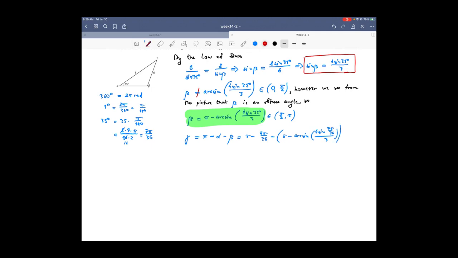And of course, pi and negative pi cancel out. So we find that gamma equals arcsine of 4 sine 7 pi over 36 over 3, minus 7 pi over 36.